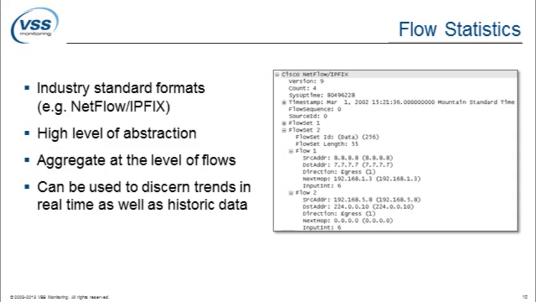So now, flow statistics were actually introduced in the form of NetFlow by Cisco, and the Cisco routers can produce these flow statistics as well as other routers, and they have different names, S-Flow, J-Flow, so on. But the problem with generating flow statistics on a router is that they're not the core function of the router.